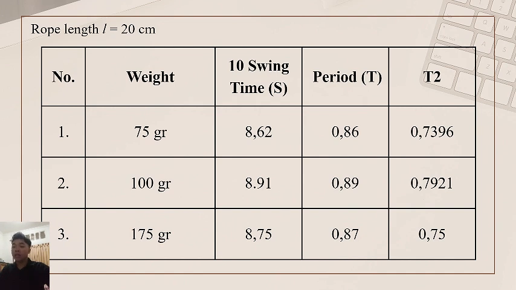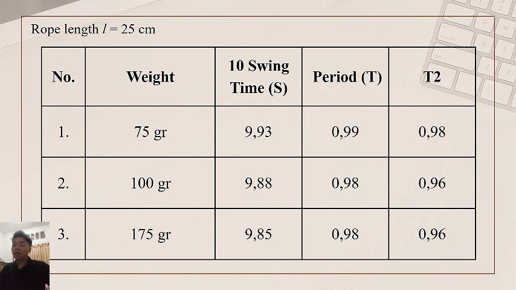As you can see, the rope length is 20 cm and the weight is different. Number 1 is 75 gram, number 2 is 100 gram, number 3 is 175 gram, and the 10 swing times are also different, with the period and T squared also different.